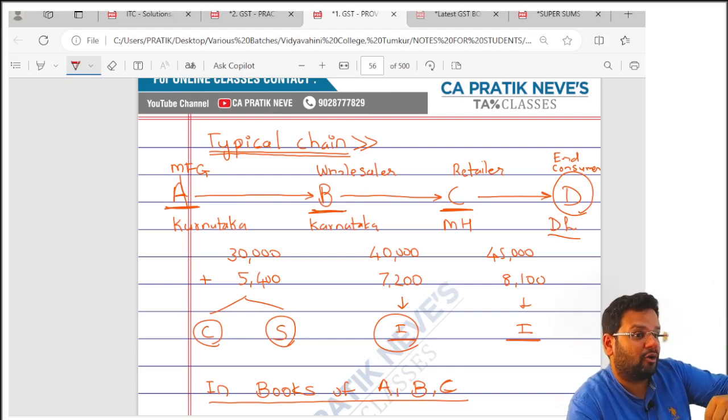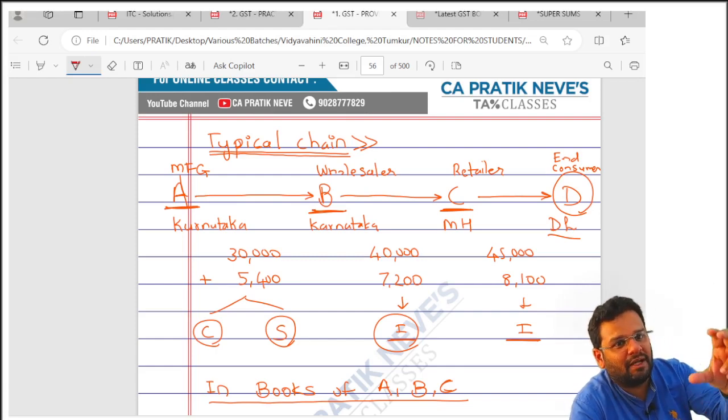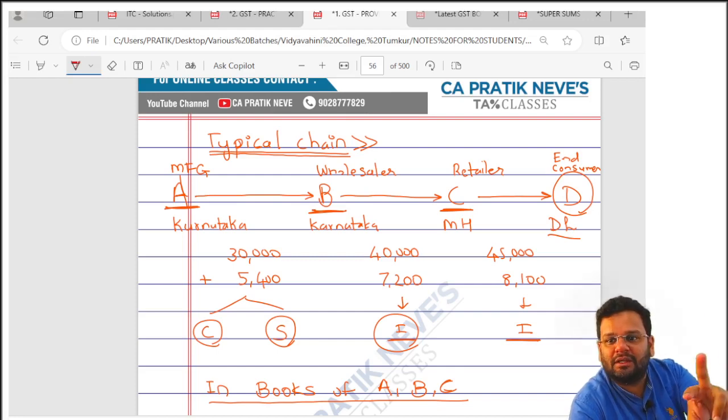So when we do blocked credits, we will get knowledge of how much ITC we can take. Now see, we now have knowledge of how to find value, so automatically we can find out output tax. We have already learned how to claim ITC. We will learn on what things ITC is blocked. So at one end we will have output tax, at the other end we will have ITC, and then we can use ITC to pay output tax.